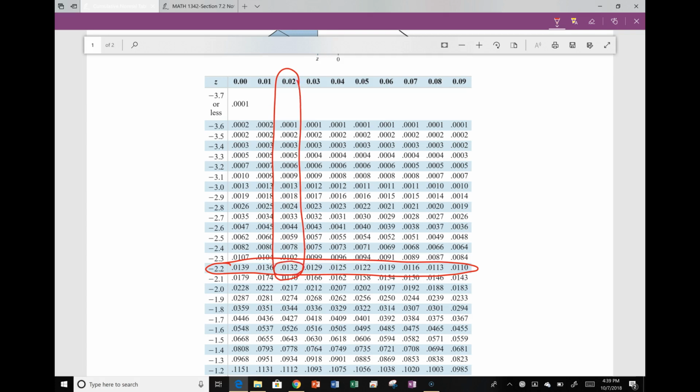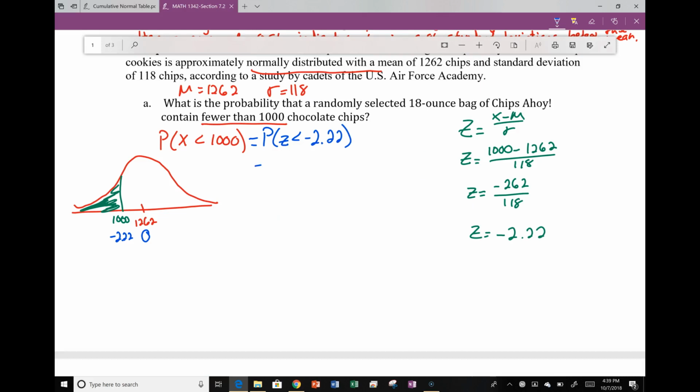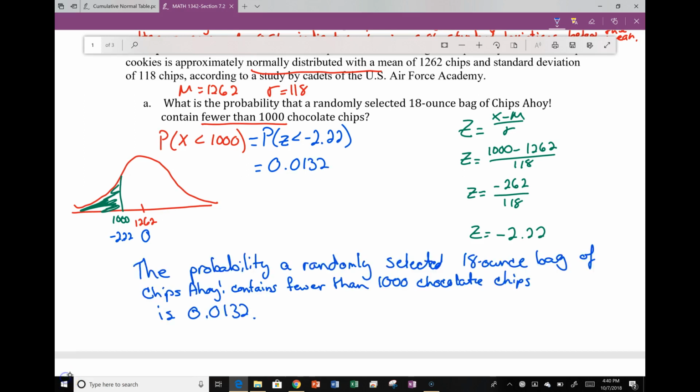So the probability that it's less than that, because it's to the left, is 0.0132. So the probability of a randomly selected 18-ounce bag of Chips Ahoy containing fewer than 1,000 chocolate chips is 0.0132.